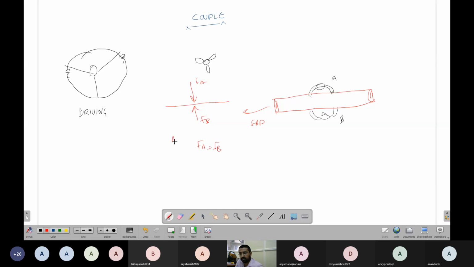Assume that FA equals F. The forces are equal and in opposite direction.